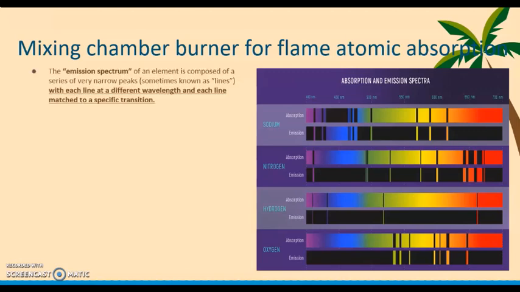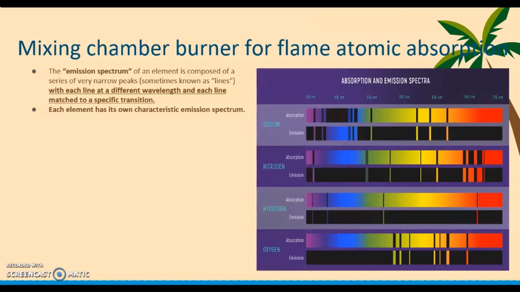The emission spectrum of an element is composed of very narrow peaks. These are sometimes called lines, with each line having a different wavelength and each line matching a specific transition. Those are samples of emission spectra that are found in our atomic emission spectroscopy.